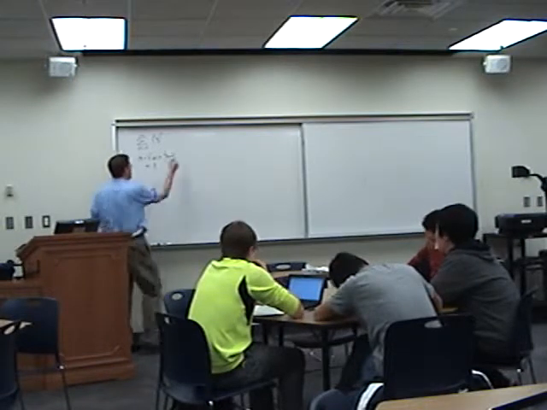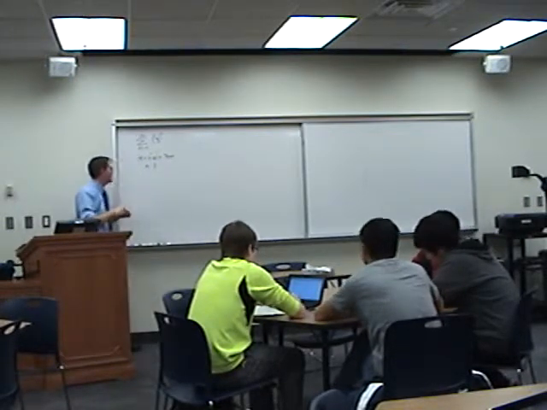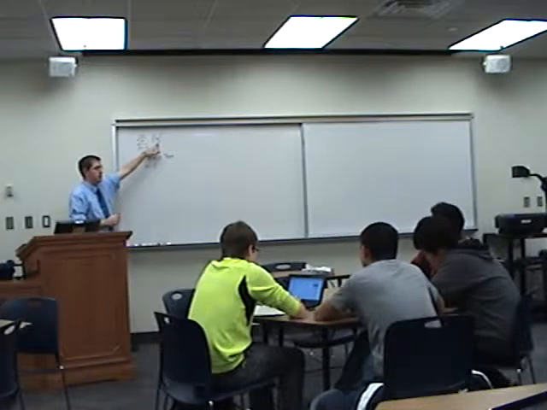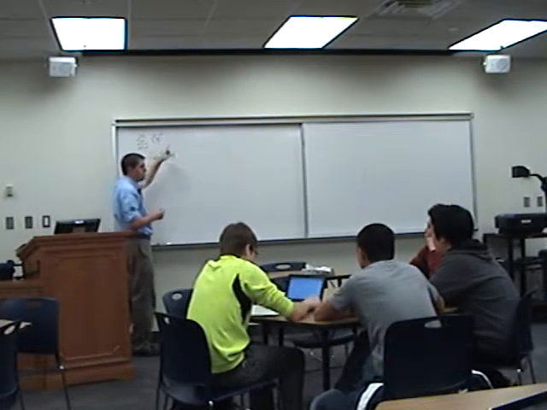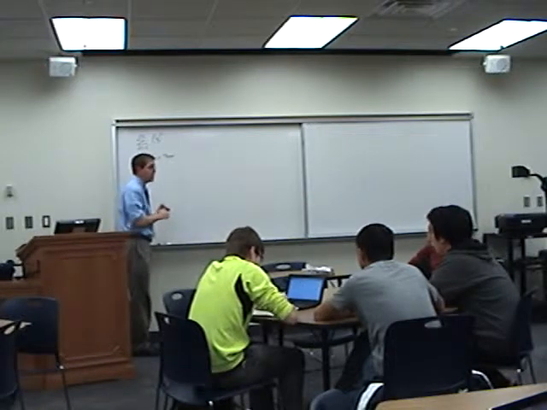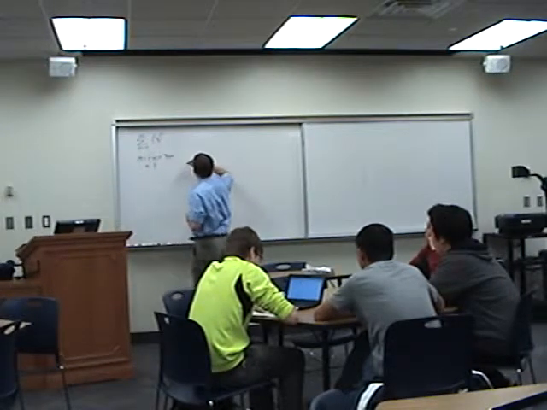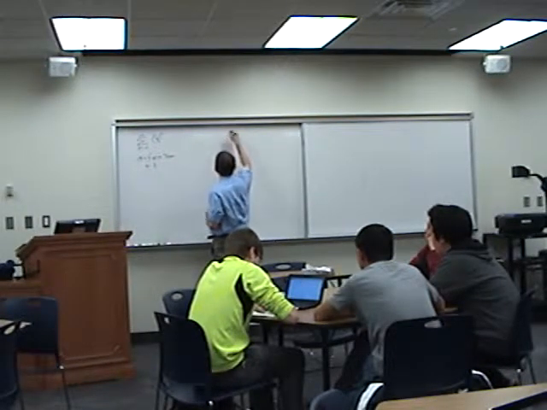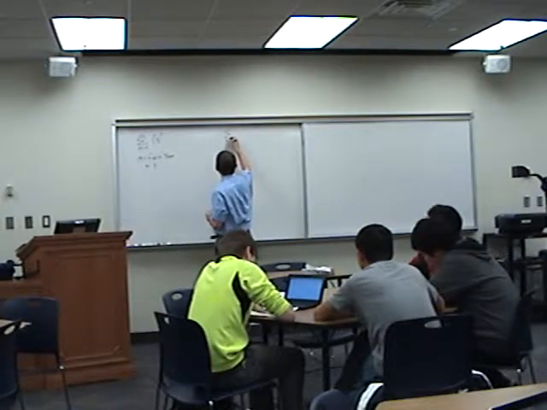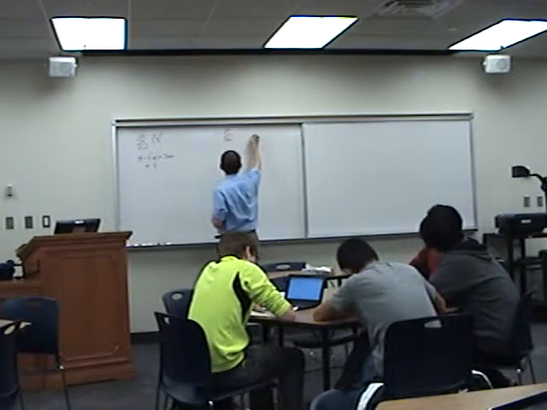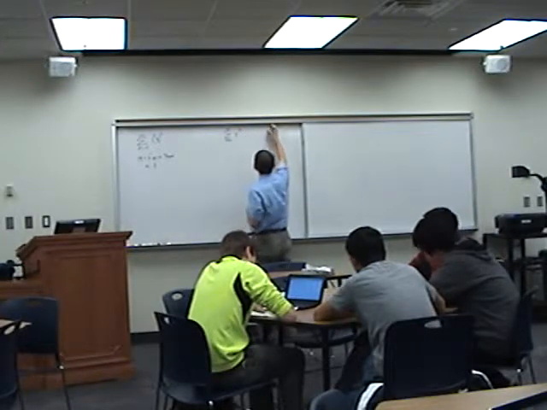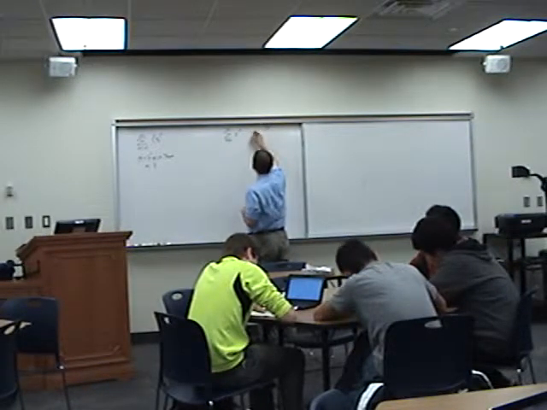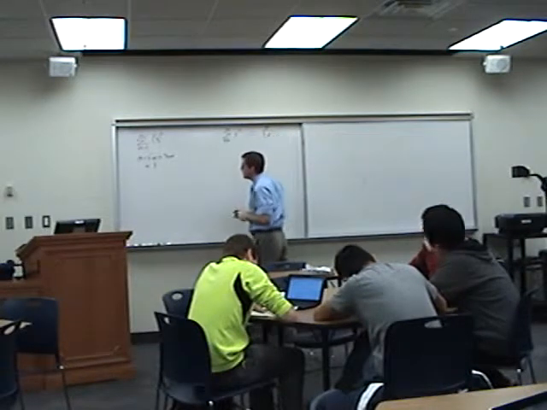Now you remember when you have a geometric series and the absolute value of r is less than 1, this is equal to what? The general form is you have the sum of a r^n, and it's equal to a over 1 minus r.